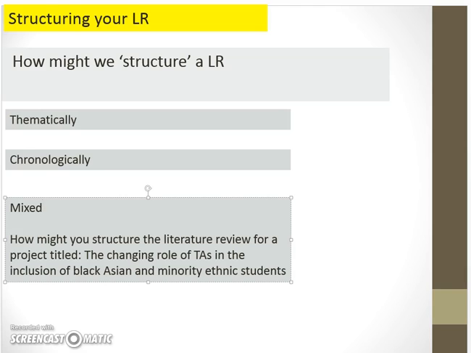Let's think about applying a literature review, which is both chronological and thematic, to an example project here, which is titled "The Changing Role of TAs or teaching assistants in the inclusion of Black, Asian and minority ethnic students."